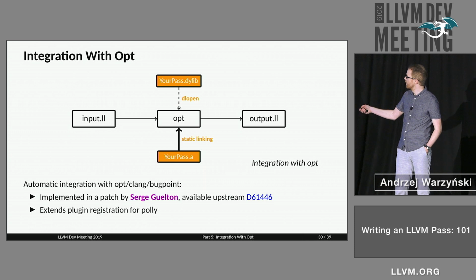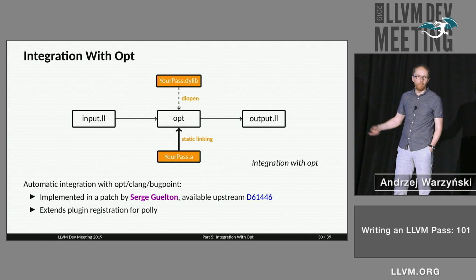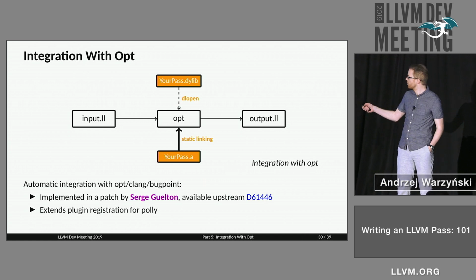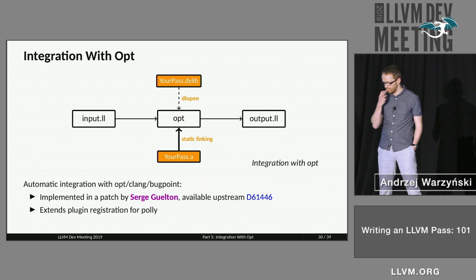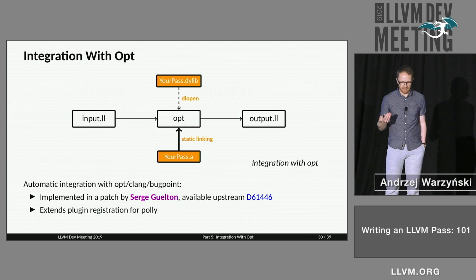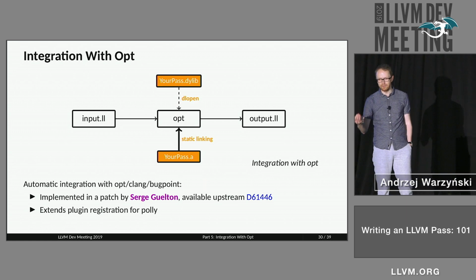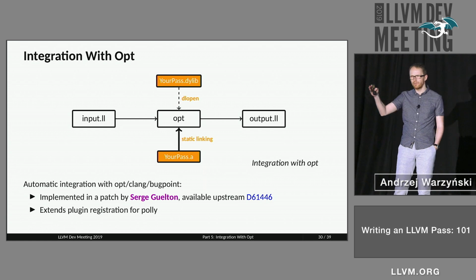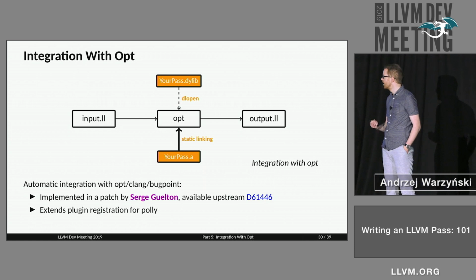We took opt, we built our pass, and we loaded it dynamically. So probably there was some dlopen behind the scenes doing this for us. What we want to do instead is have our pass linked statically into opt. That will guarantee that I don't have to load stuff dynamically, and it's always run when I run opt, maybe with -O1 or -O3 or something else that you care about.